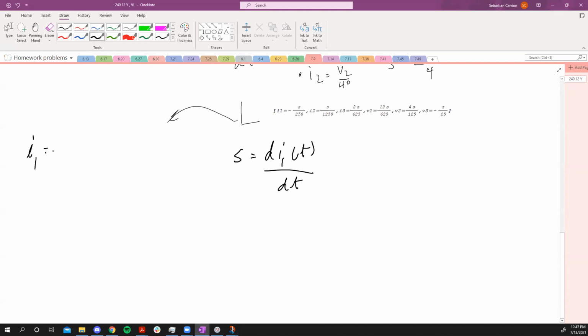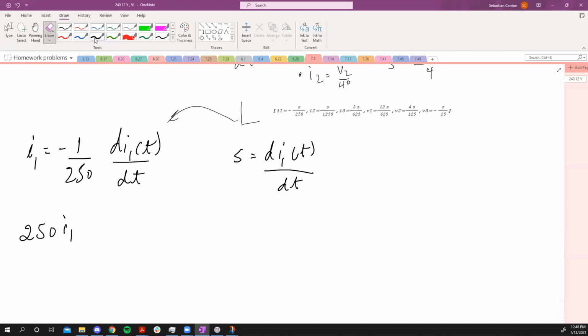So I1 equals negative 1 over 250 di1t over dt, and 250 I1 plus di1t over dt equals 0.